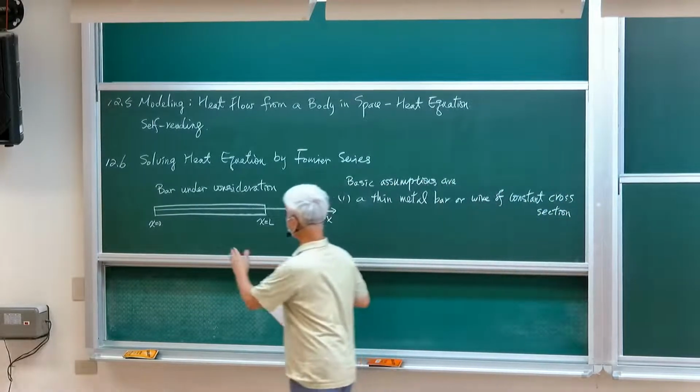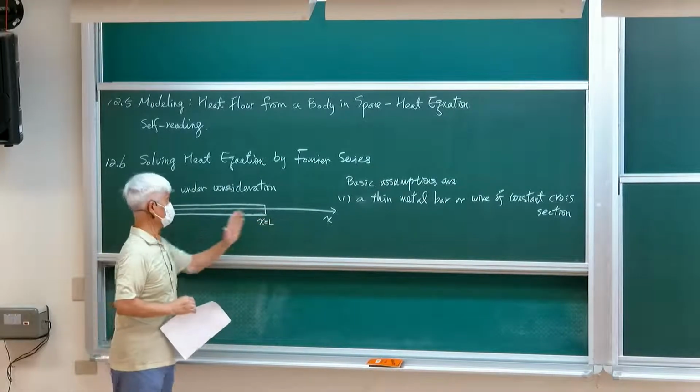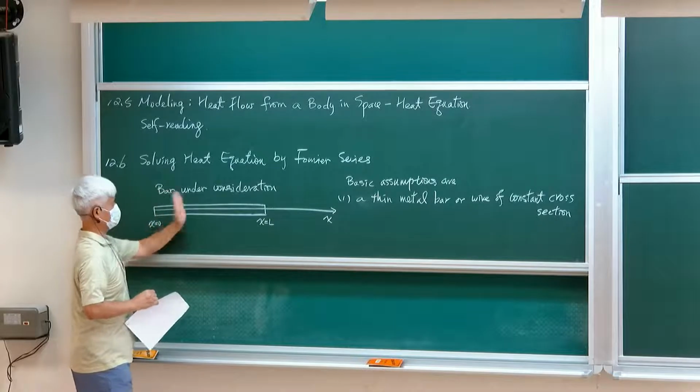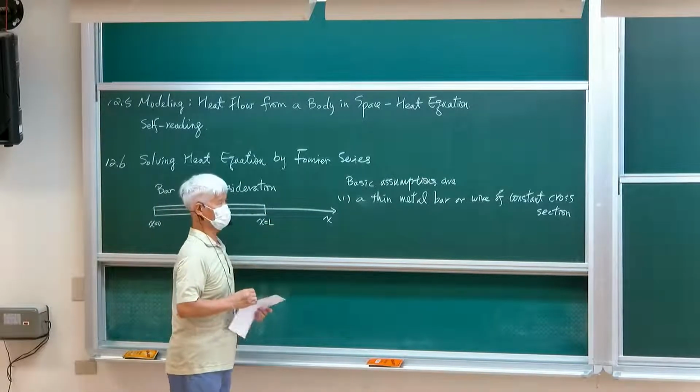Okay, so along the x-axis at each point x, there is a cross section, right? And we assume that we have a constant cross section.